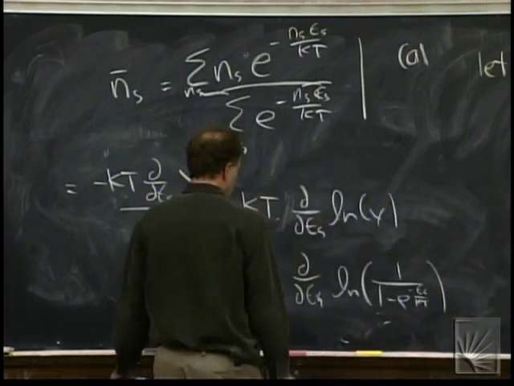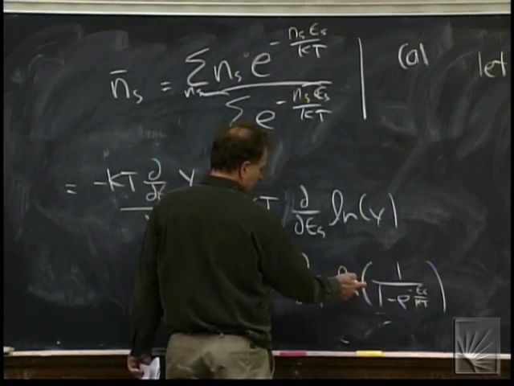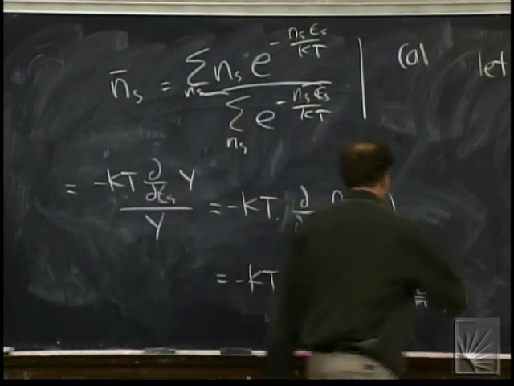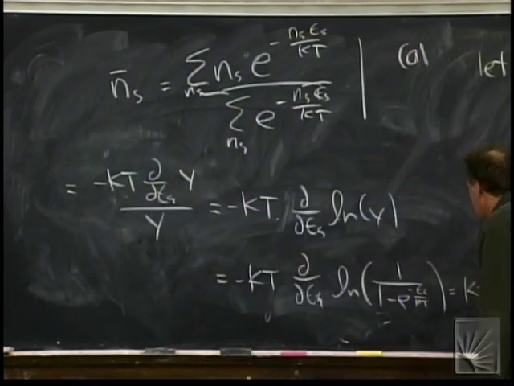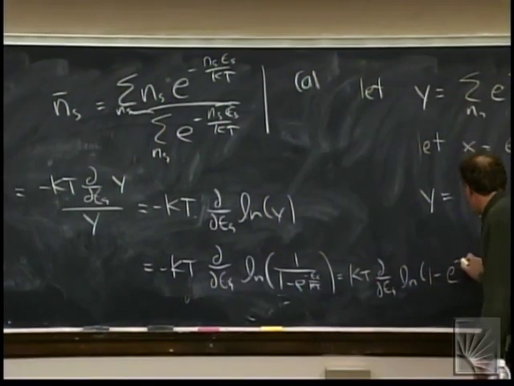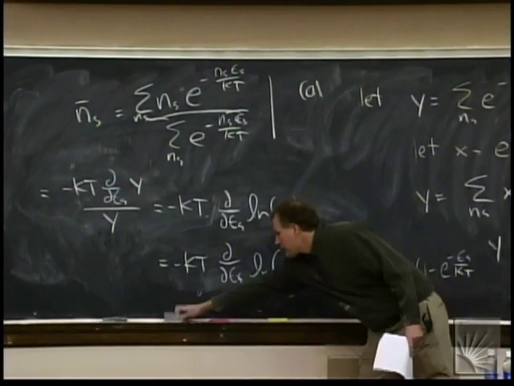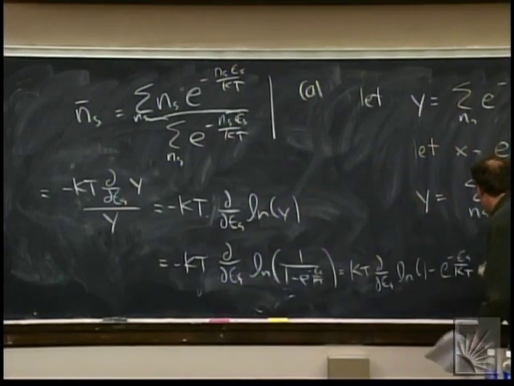All right. The derivative of the logarithm of 1 over x is the logarithm of this, if you will, to the negative 1, which is kt d by des of the log of flipping the denominator up. And a negative sign comes out front.